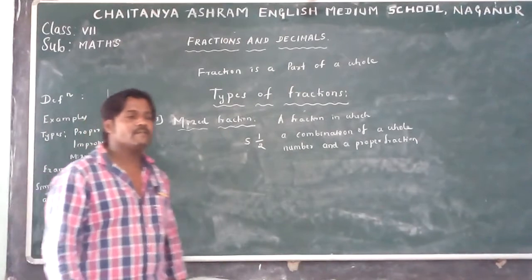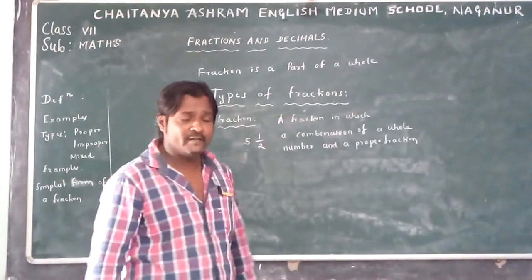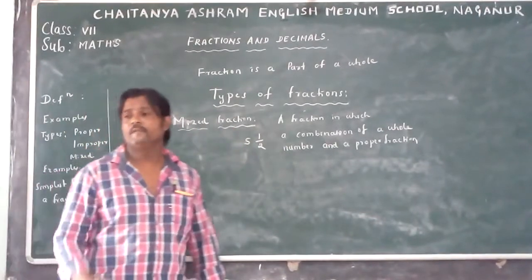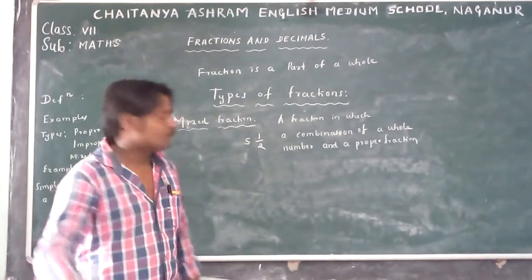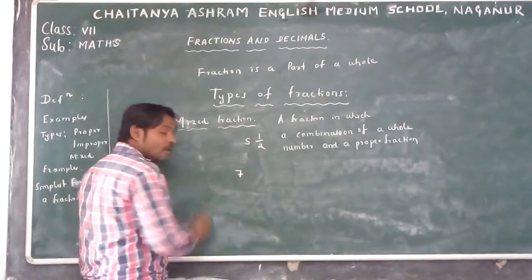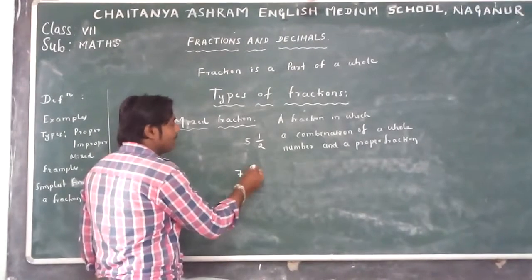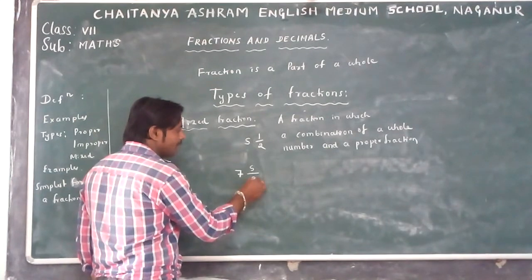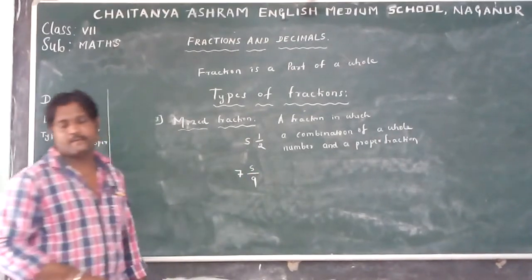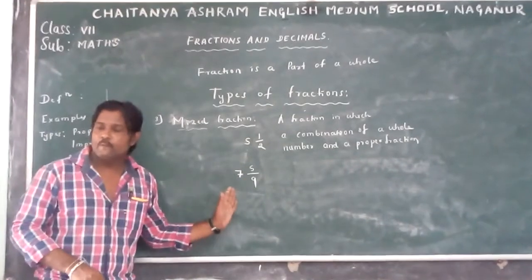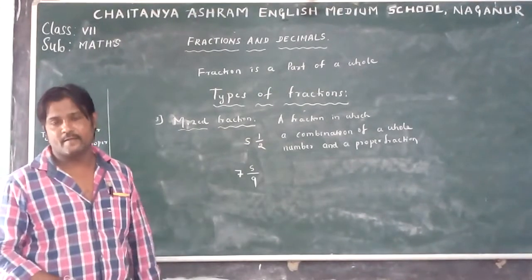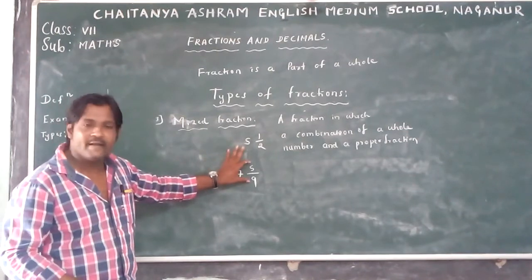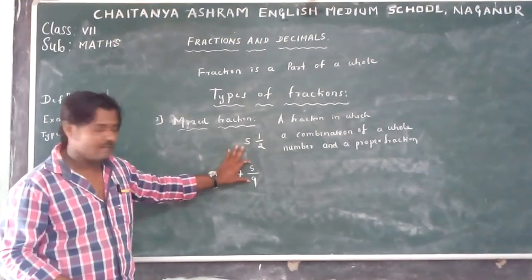Yes, dear students, give me other examples for mixed fractions. Yes, 7 whole 5 by 9. Yes, this is an example for mixed fraction. 7 is whole number, 5 by 9 is proper fraction.